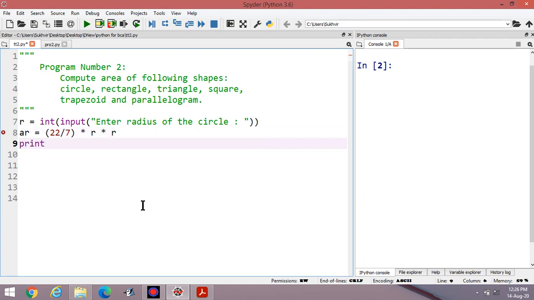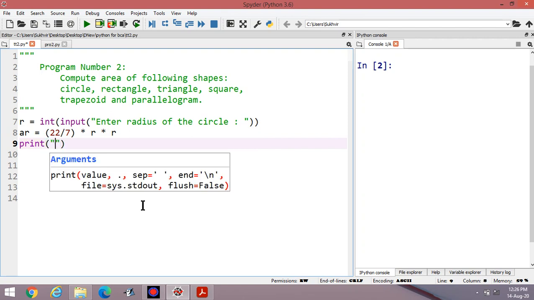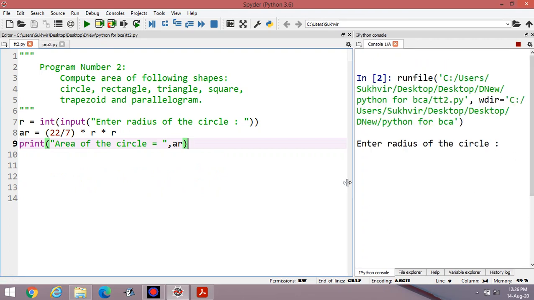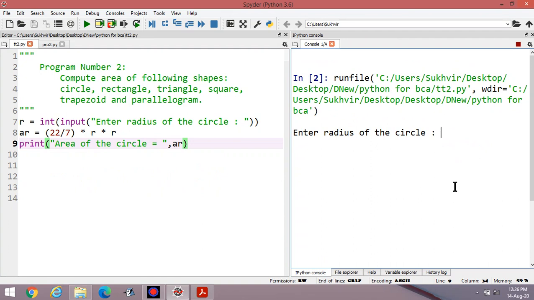Now you can print area of the circle is equal to, here you can write AR. Now execute the program. Enter the radius of the circle. Suppose I enter 12. The area of the circle is 452.57 up to so on.